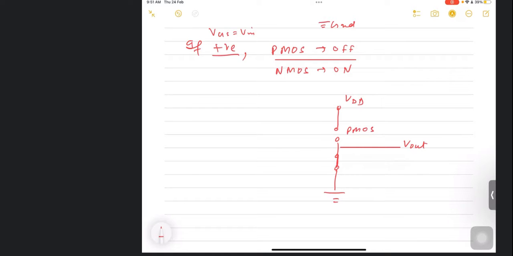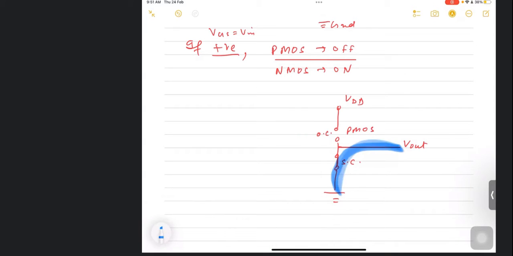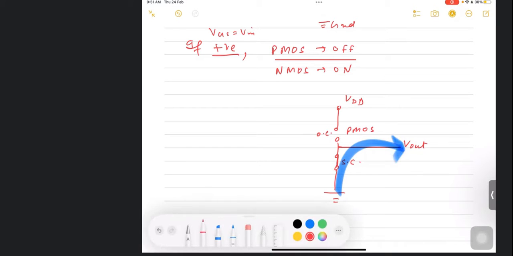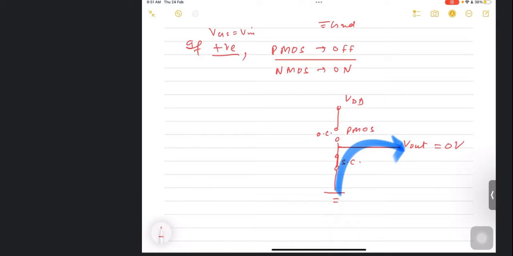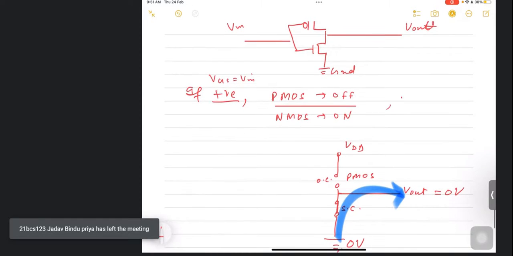So V output is connected to which point? This one is an open circuit, and this is a short circuit. So this is connected with V output. What will V output be? 0, because this is 0 volt, right? So the output becomes 0 volt.